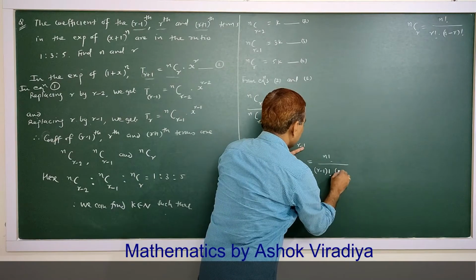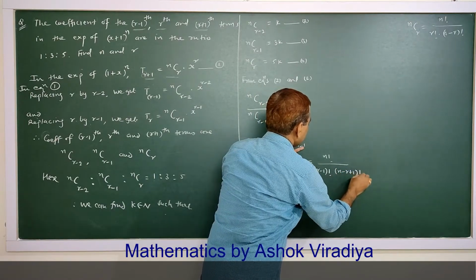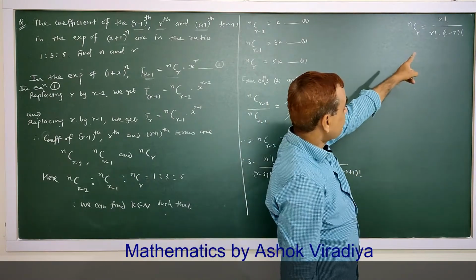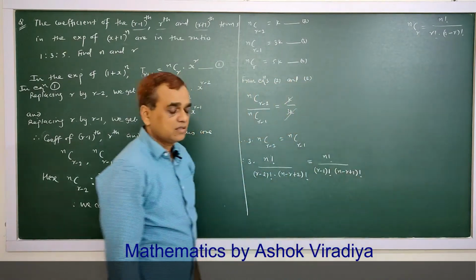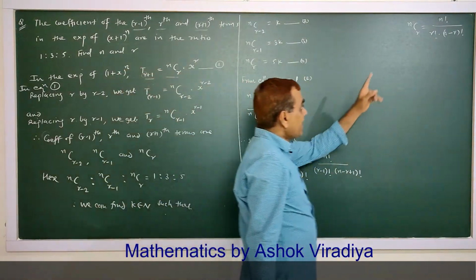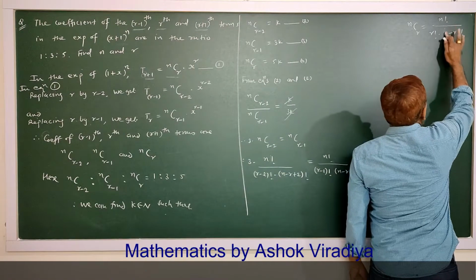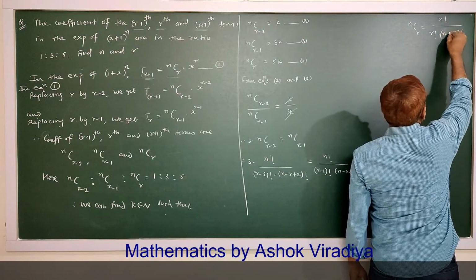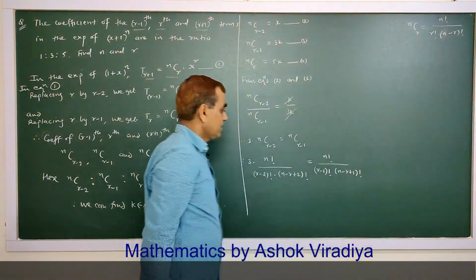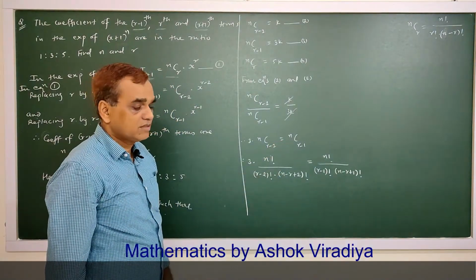So we have applied this formula, nCr is n factorial upon r factorial into (n minus r) factorial, in this equation.